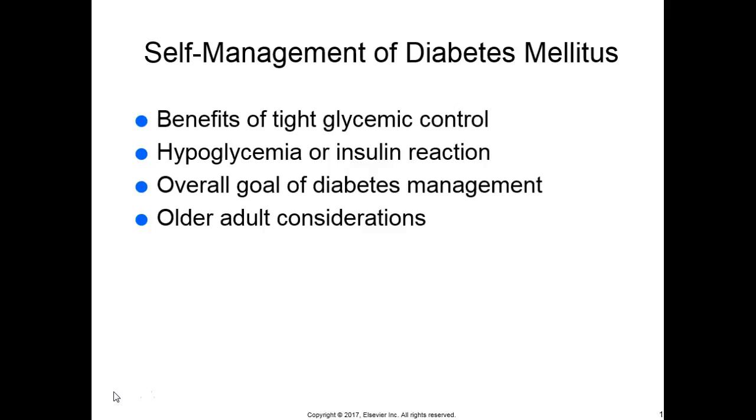Severe hypoglycemia in older adults can result in myocardial infarction, stroke, or seizures. So again, tight control is not necessarily appropriate for the older client. I believe the American Geriatric Association recommends that the hemoglobin A1C be at about 8% for the older patient.